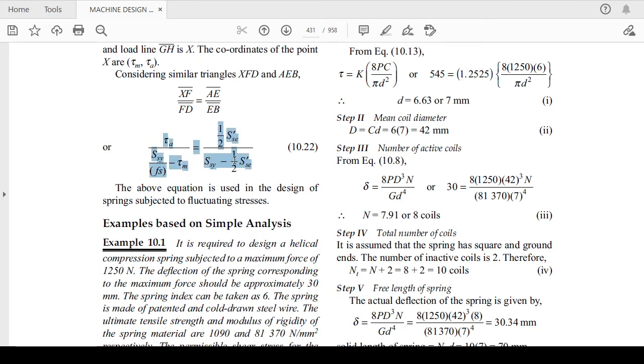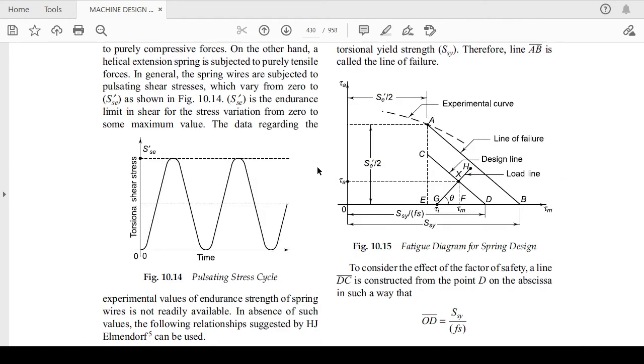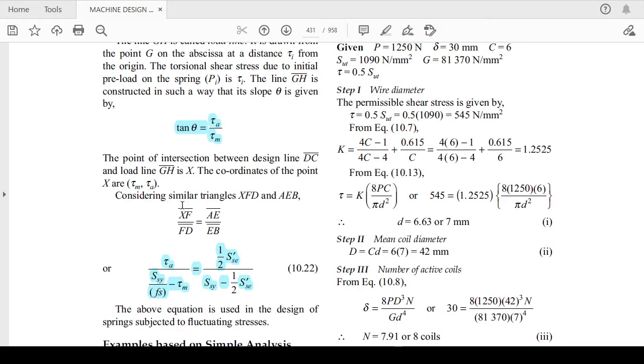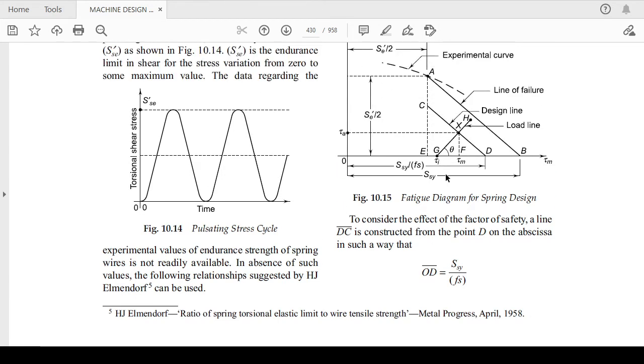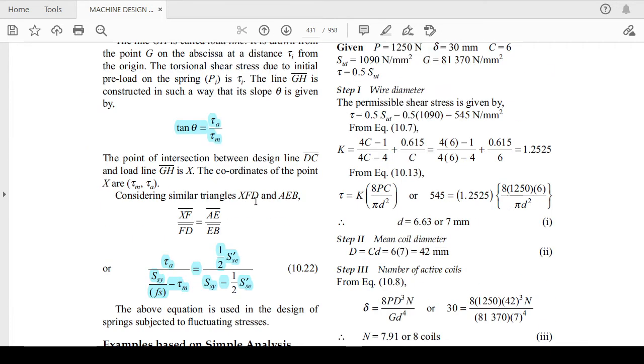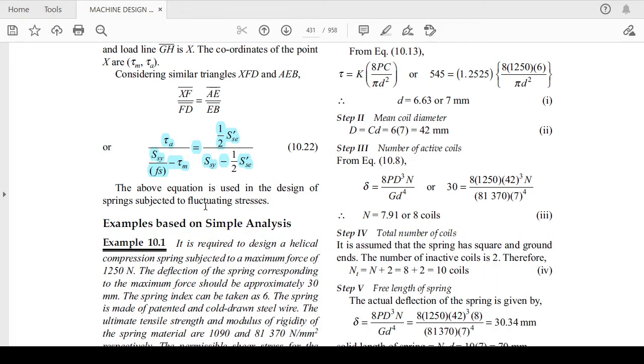If you apply the similar triangle principle in the graph, you will get this particular equation by applying it to the two triangles XFD and AEB. These two triangles you have to take as similar triangles and then calculate this.